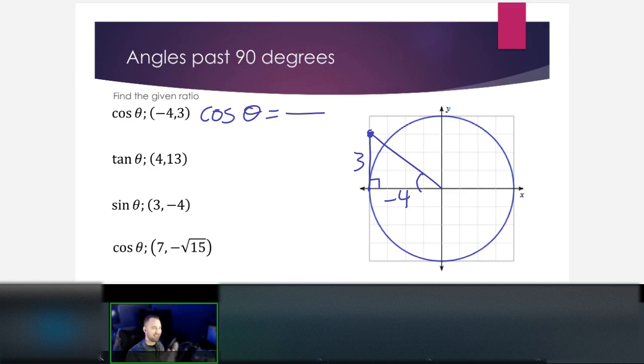Because cosine is x over radius. If you look at it graphically, the adjacent side to that angle is -4, so they're both correct. So it's x over the radius. Now the problem is we don't know the radius. So maybe drawing a picture is a good thing in this case. How do we find the hypotenuse side?